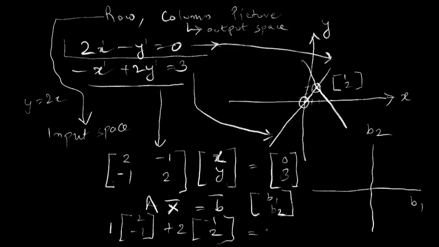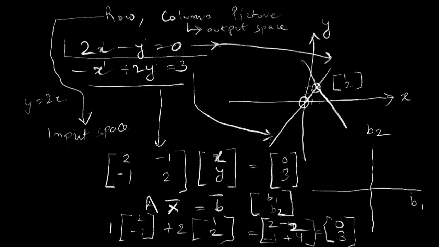Yes, because x equals 1 and y equals 2, so I have 1 times 2, minus 1 plus 2 times minus 1, 2, so I have 2 minus 2 and minus 1 plus 4, so that actually gives me 0, 3.